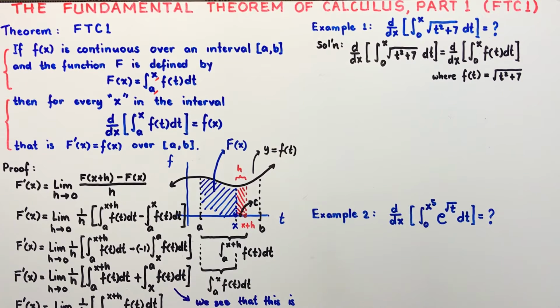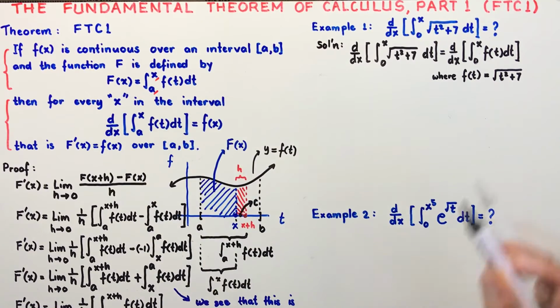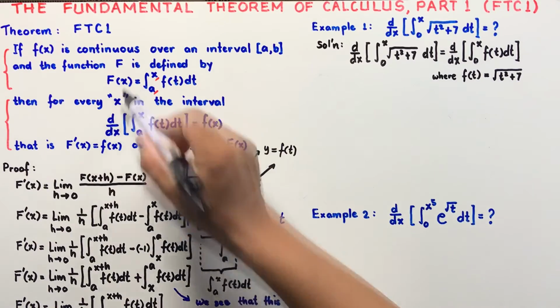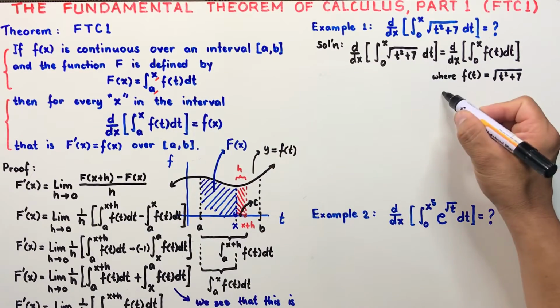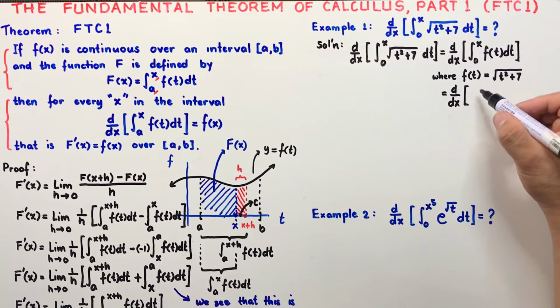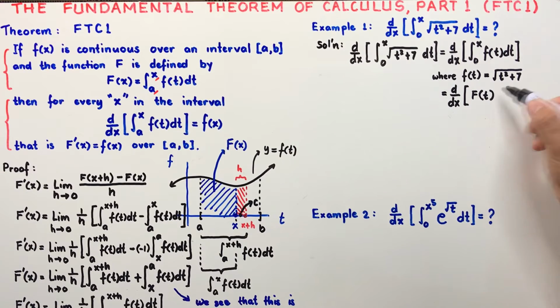Now, using the hypothesis of the fundamental theorem of calculus, which is this one here, our integral is our big F of x. So instead of writing that integral, I will write big F of t, and this big F of t is evaluated from 0 to x.